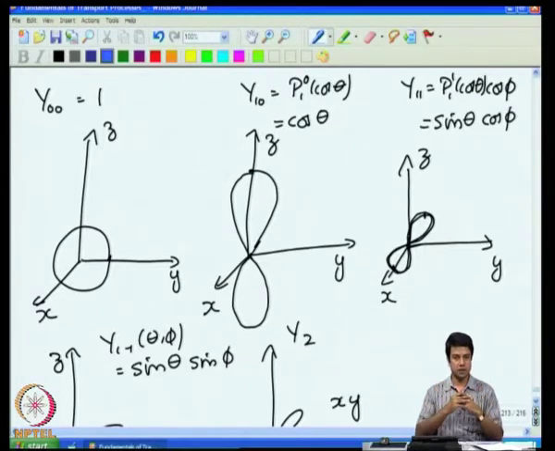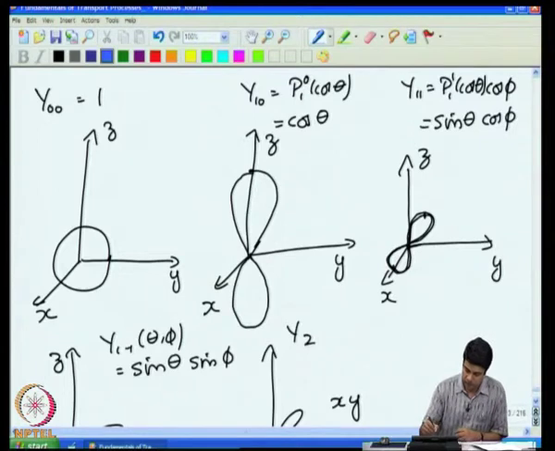So, surfaces of constant Y_0^0 are spherical shells. Y_1^0 looks like a dumbbell along the z axis. Y_1^0 is P_1^0 of cos theta, and as theta varies from 0 to pi, cos theta goes from 1 down to 0 and then minus 1. So, it is often plotted this way.